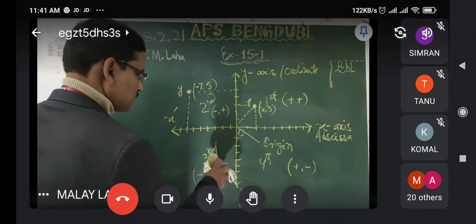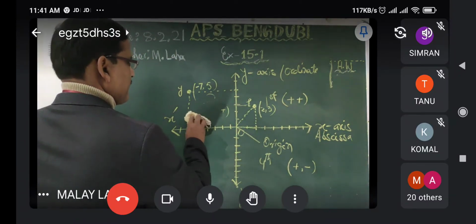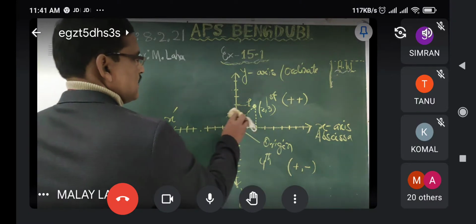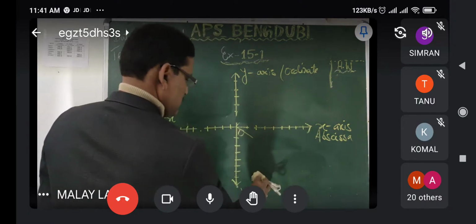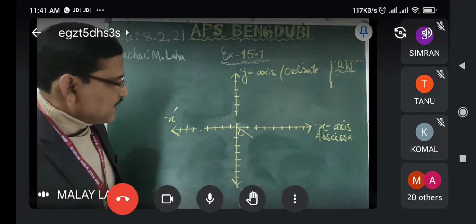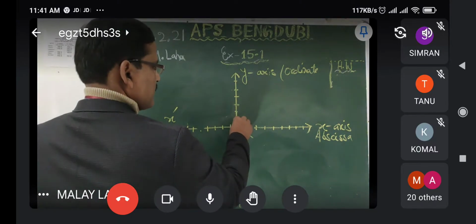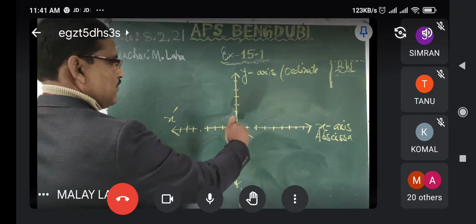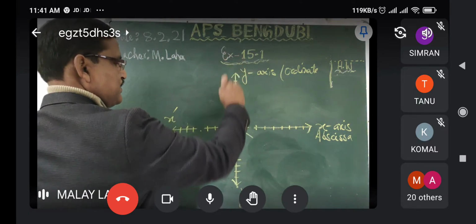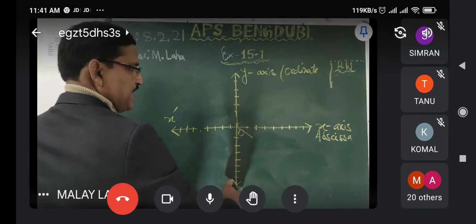Say I am showing it. You have to find it out. So look, at a glance, I am telling you. X-axis this side positive, x-axis this side negative. Y-axis upward direction positive, downward direction negative.